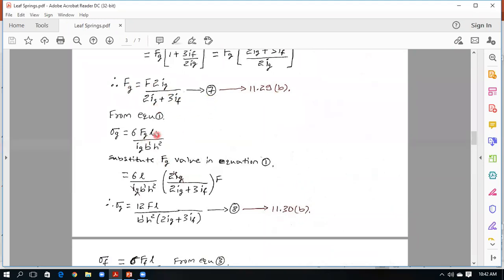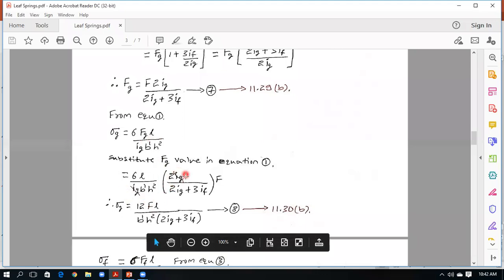Substitute that F_g value. I_g will get cancelled. This is the remaining equation. Call this equation 8. This is how you need to calculate the bending stress induced in the graduated leaves. This is there in your data book, 11.30b.